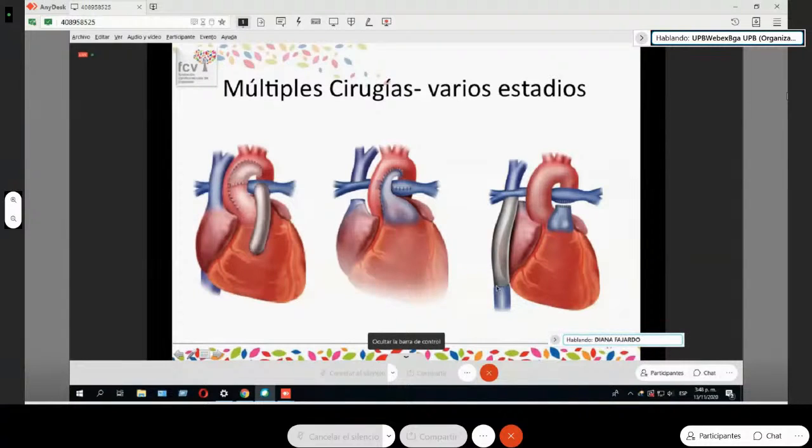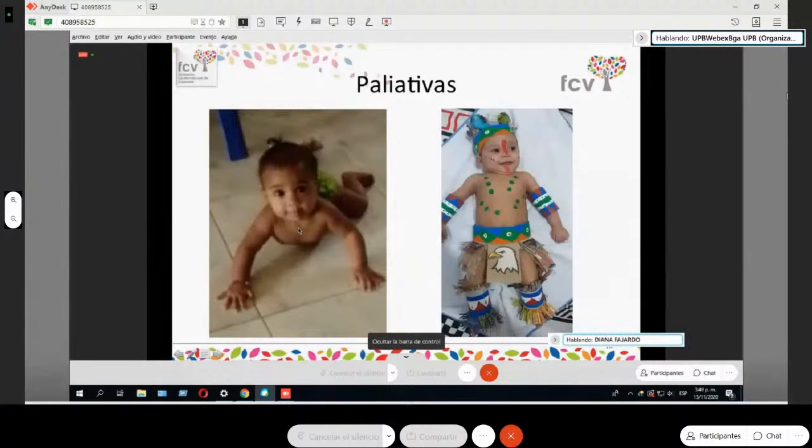We have Luciana with a shunt, Francisco has a banding of the pulmonary artery and a septostomy. This is Lucas, who is in Glenn stage, and Dana Valentina, and we made a third Fontan surgery.